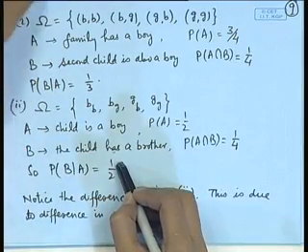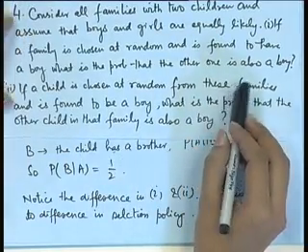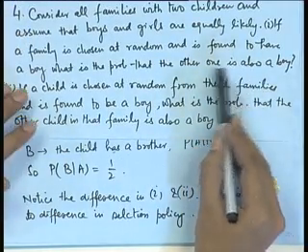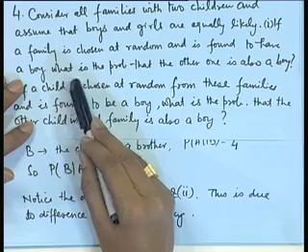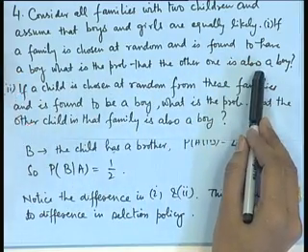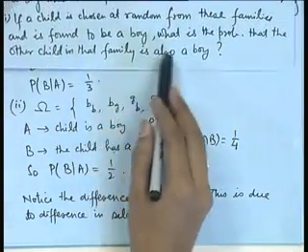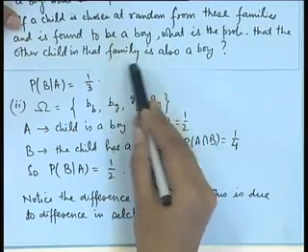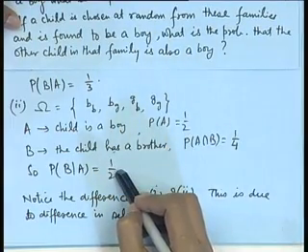Notice here, the answer in the beginning may look to be the same: if a family is chosen at random and is found to have a boy, what is the probability that the other one is also a boy? We are getting the answer as 1 by 3. Whereas in the second case, the child is chosen, and the probability that the other child in the family is also a boy is half.